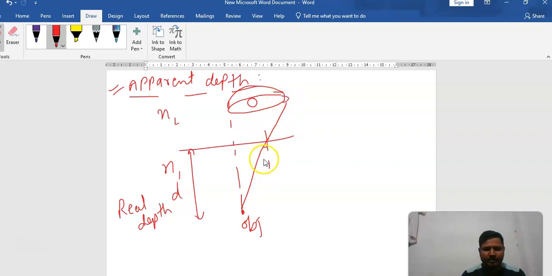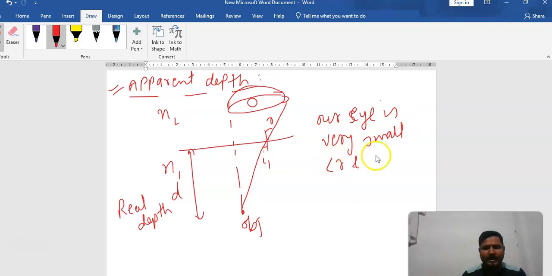So this angle will be the angle of incidence, and this angle is the angle of refraction. Since our eye is very small, the angle r and the angle i will be very small. So if this condition is reached, we will assume the ray as a paraxial ray.